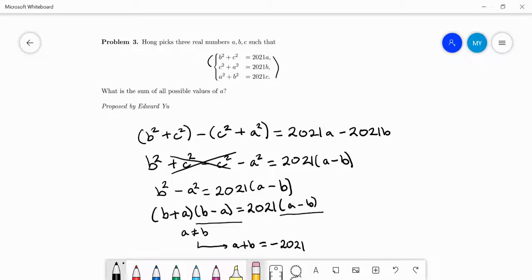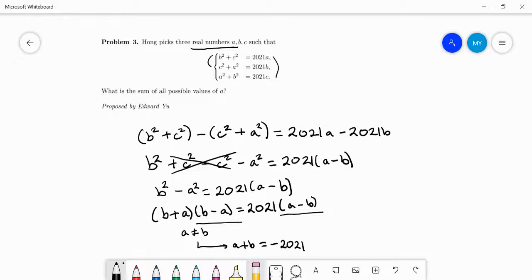But let's look back at our 3 original equations. We're given that a, b, and c are real. But what does this mean? Since a, b, and c are real, b squared is non-negative and c squared is non-negative. But since b squared plus c squared equals 2021 times a, that also means a is non-negative. And similarly, b and c are all non-negative.